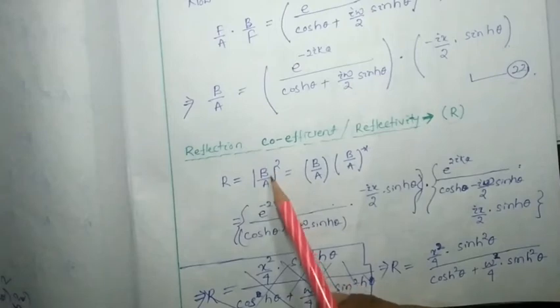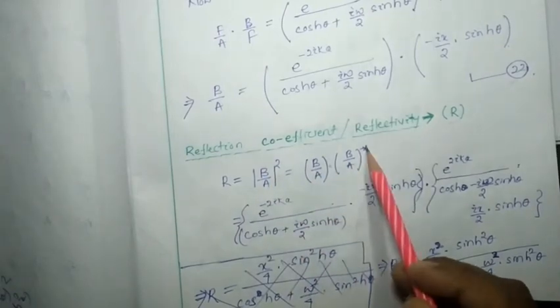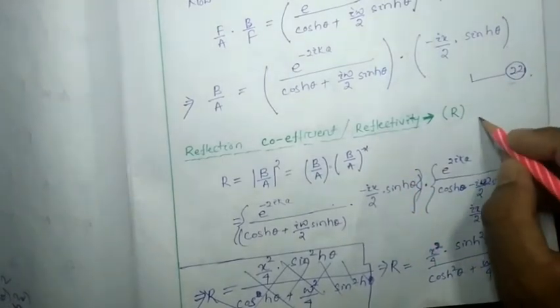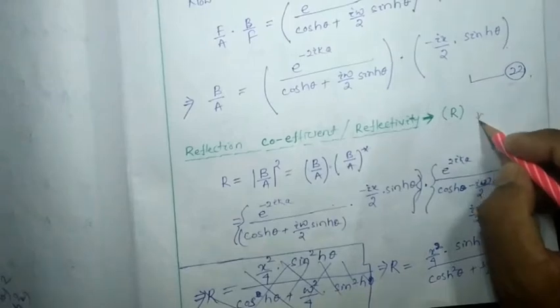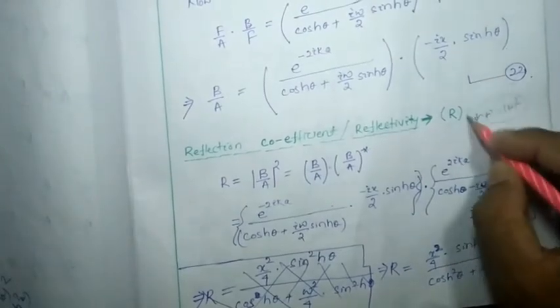So this mod square is nothing but b by a into b by a star. That means probability density. How we can find psi into psi star is equal to psi mod square. This is the probability density.